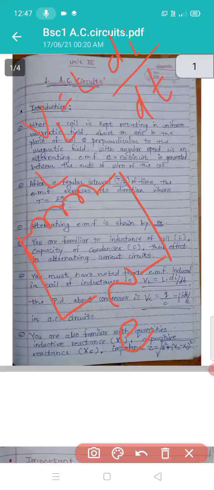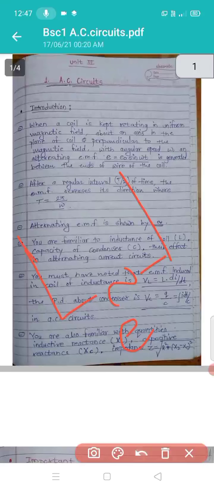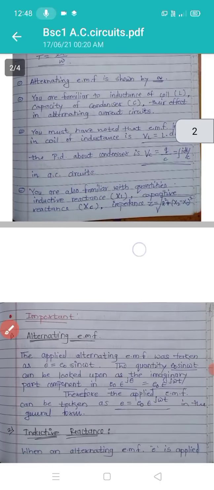The potential difference across the condenser, if in place of the inductor we connect a capacitor C, is Vc equal to Q by C. Understood? In AC circuits, we then see what are the inductive reactance, capacitive reactance and impedance. This is the introductory part.